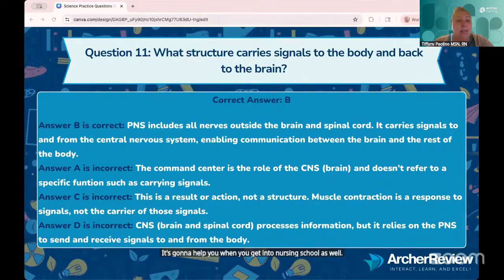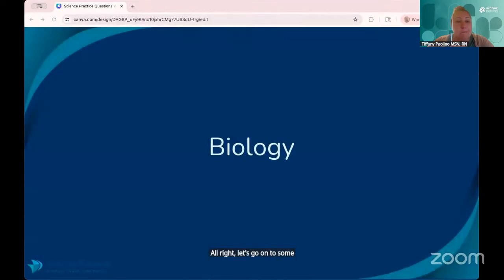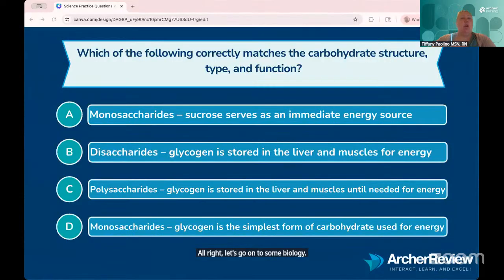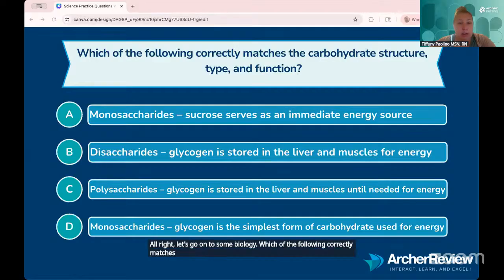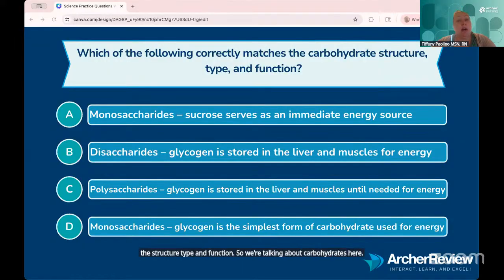All right, let's go on to some biology. Which of the following correctly matches the carbohydrate type and function? The structure, type, and function. So we're talking about carbohydrates here. A, monosaccharides, sucrose serves as an immediate energy source.